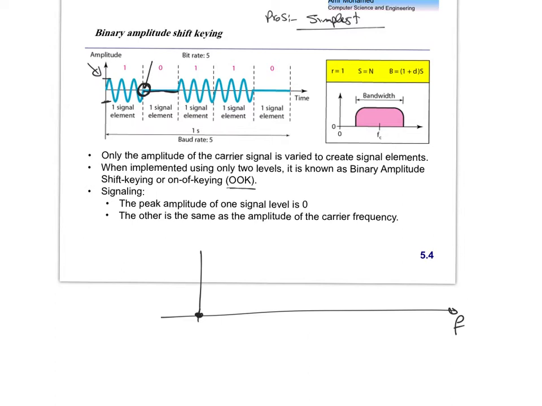So it's around the frequency of the sine wave. We have what we call the carrier frequency, and the signal itself looks like this, right? So we have the highest power, of course, around the carrier frequency, and we have low frequency components, and we have very high frequency components.